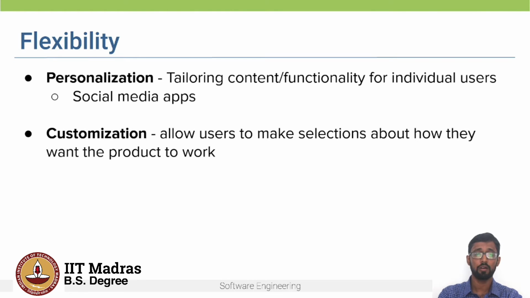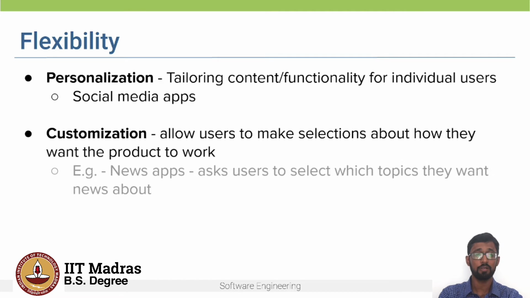Flexibility also involves customization, whereby allowing users to make selections about how they want the product to work. An example of this is news apps, which ask users to select which topics they want news about.